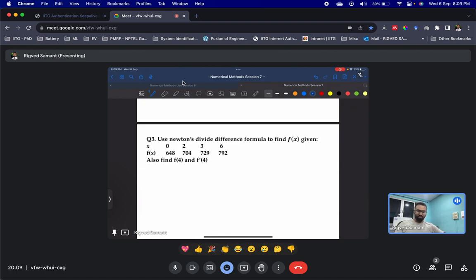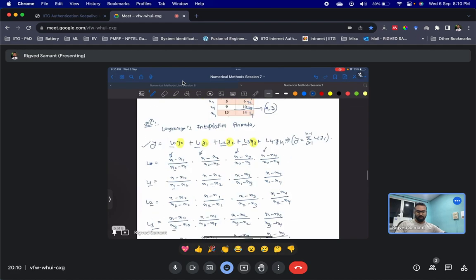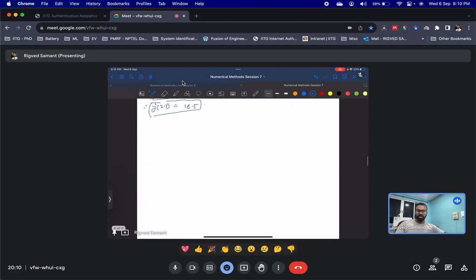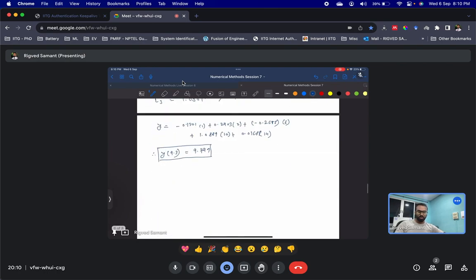Now again, if you have a data set where you want interpolation, there is one other method called Newton's divided difference formula. What divided difference means is that the difference table will change and your equation also changes.